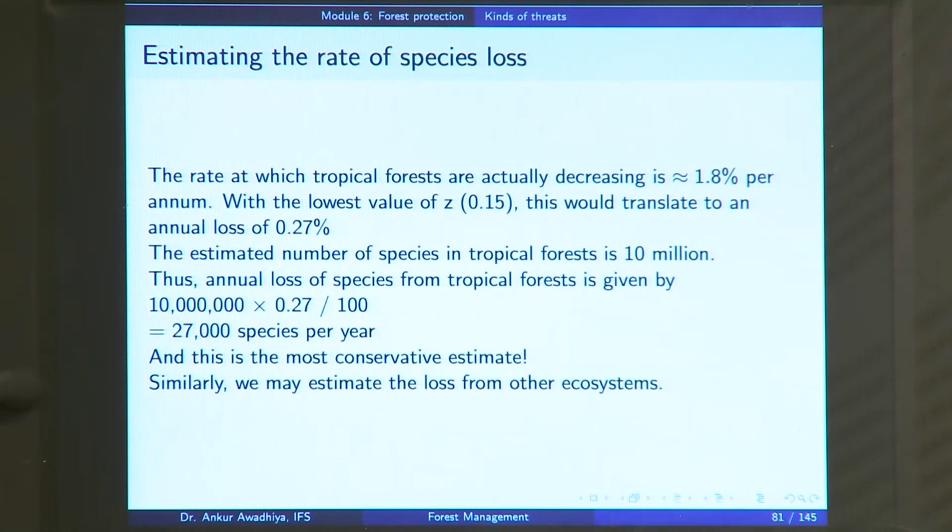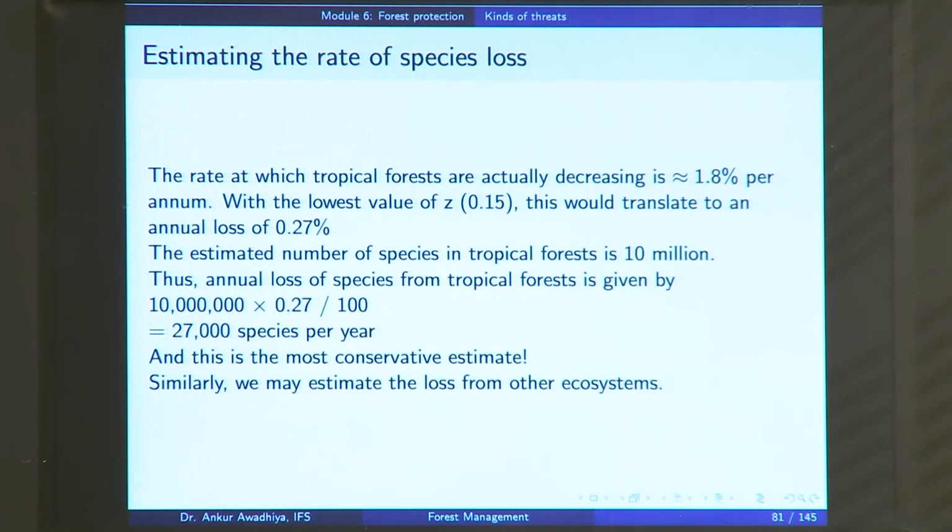But then even if we take the lowest value of z, in the previous example we took a larger value of z of 0.3, but even if you take the most conservative estimate of the value of z being 0.15, you will have a situation that there is an annual loss of 0.27%.